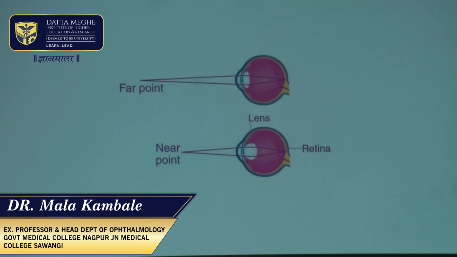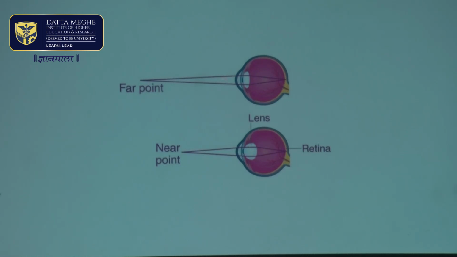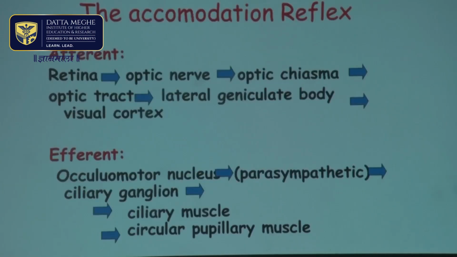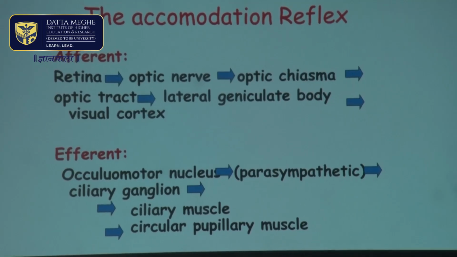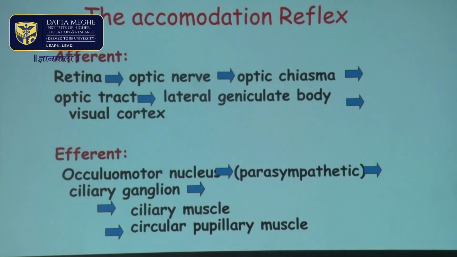When we are looking at a distant object, we are not using any accommodation, but accommodation is very essential when we perform near work. This is the accommodation reflex. The afferent nerve is the optic nerve.